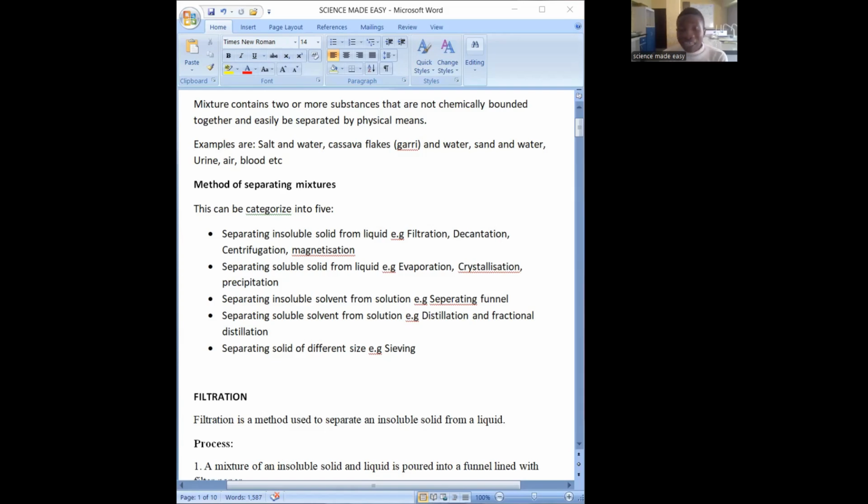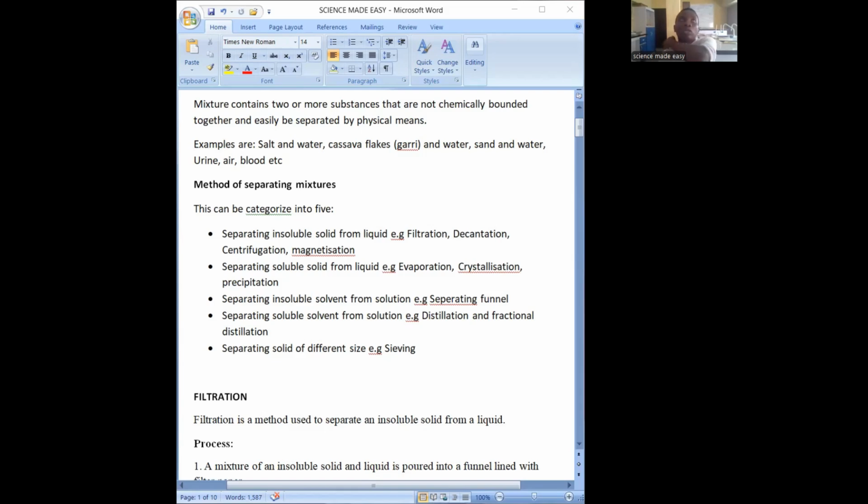Most of you have practiced decantation before. Decantation is, for example, when you have a lot of water inside your gari and you want to remove some water, you let the gari settle down at the bottom of the cup, then pour the water little by little.